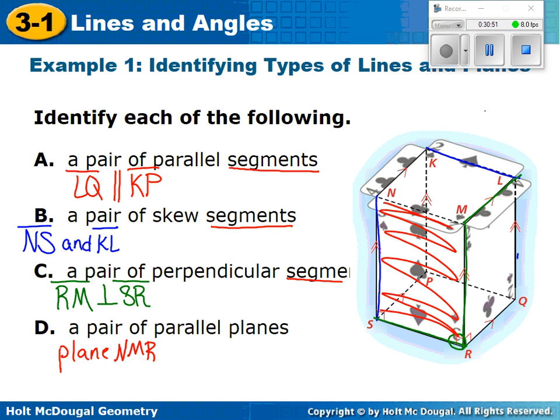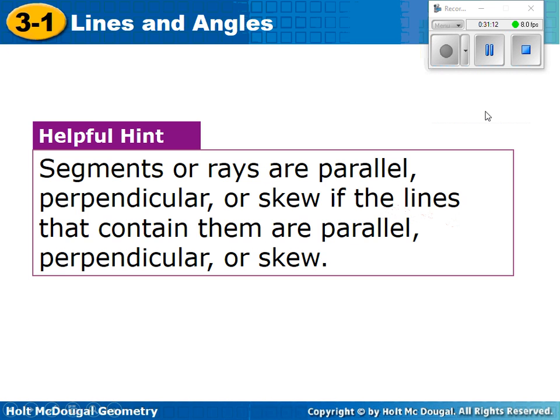Very good. And the little parallel symbols straight up and down, and then plane KLQ. So again, 3 letters. Use the word plane in front, and then use your parallel or perpendicular symbols. Any questions? Okay, you and your partner try the next ones, and then we'll check our answers.